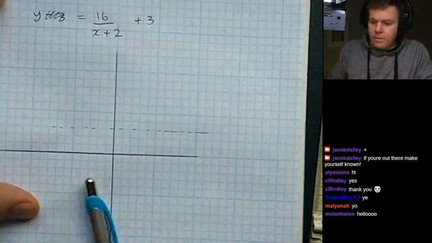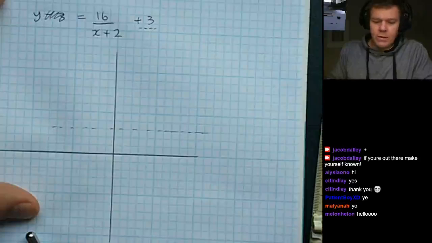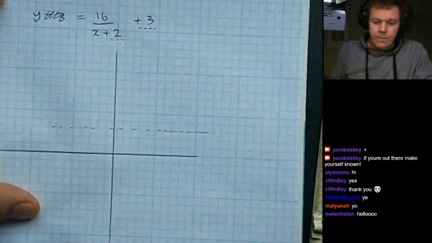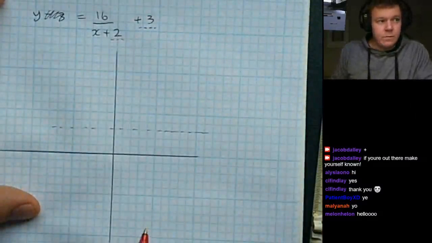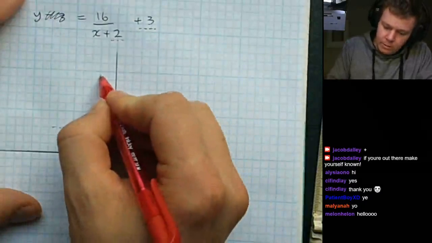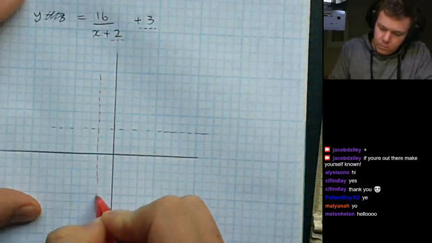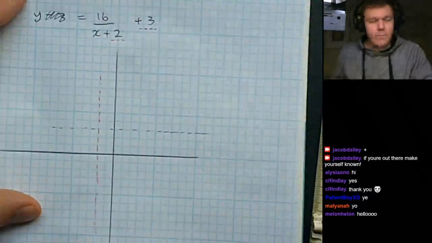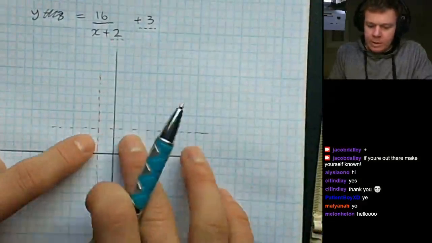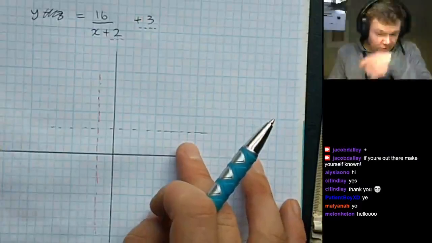That is a result of that plus 3. This will be a negative 2 asymptote. So that will be there. Okay, now we can just think of this as just another set of axes.